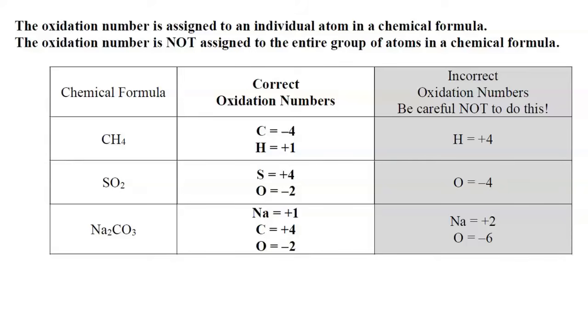Just because you have two oxygens, you don't assign an oxidation number of -4 to the oxygen. It's individual atoms. And in that last example of sodium carbonate, Na2CO3, the sodium is +1, the carbon is +4, the oxygen is -2. So don't assign sodium +2 because you're grouping all the sodiums together. Don't assign an oxidation number of -6 to oxygen. It's the oxidation number of an individual atom in a chemical formula.